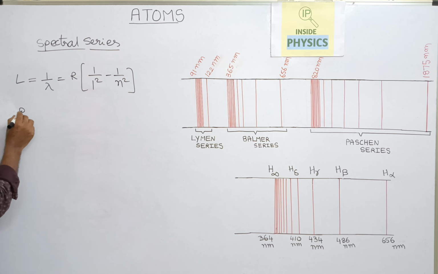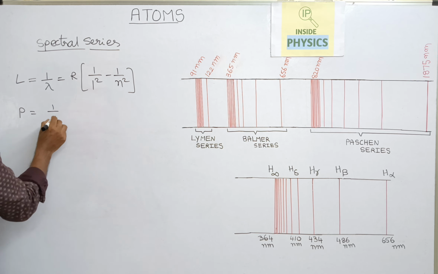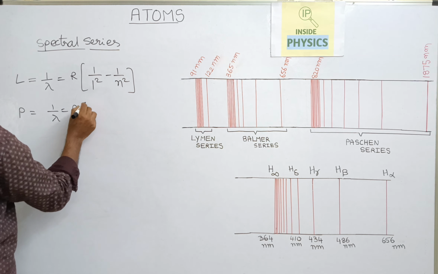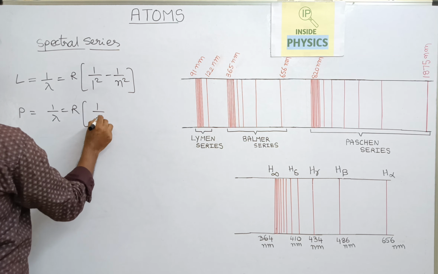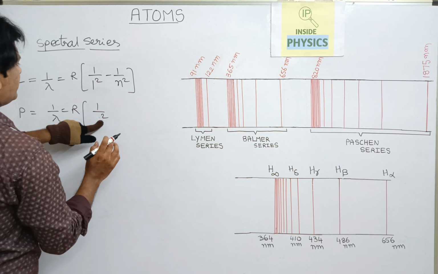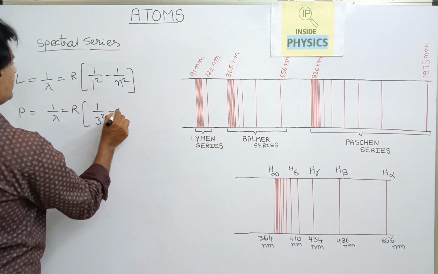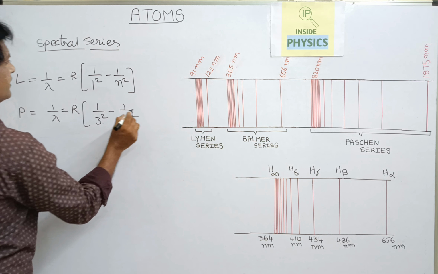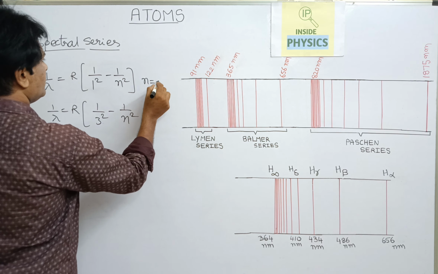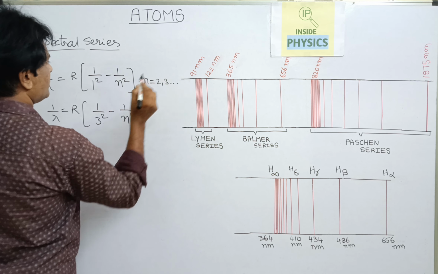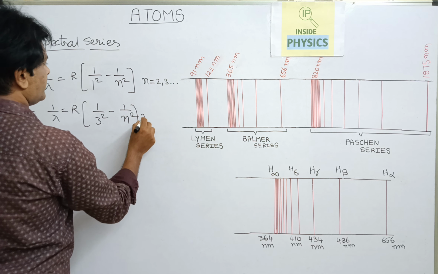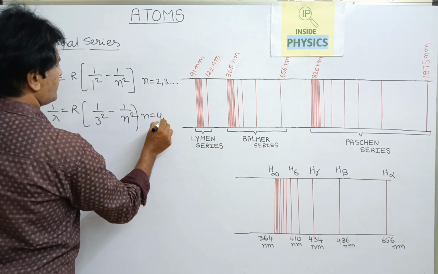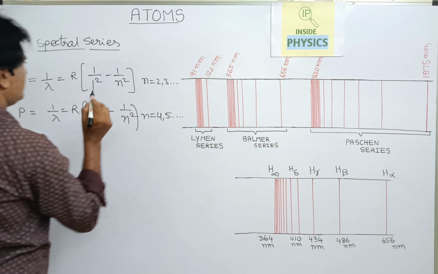Next, for Paschen series, 1 by lambda is equal to R into (1 by 3 square minus 1 by n square), where n is 4, 5, 6 and so on.